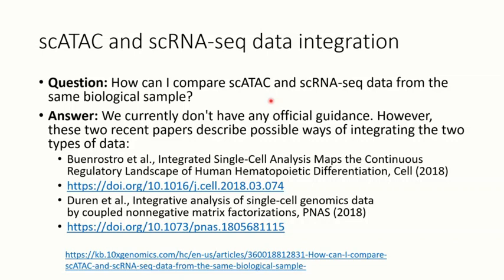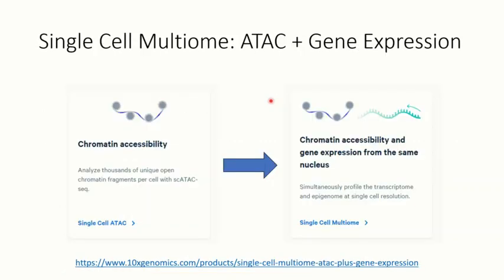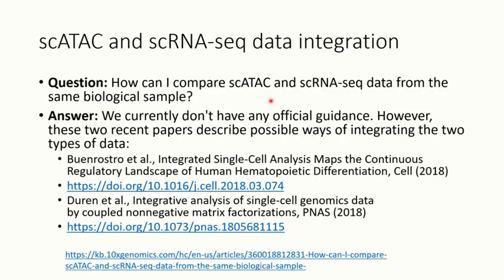Although these two matrices are of different sizes, you assume that because they are from the same population of cells, the cells are dispersed in a shared common manifold. So if you align those cells into the same manifold, then those signals should match. But we don't know how to do it, actually.